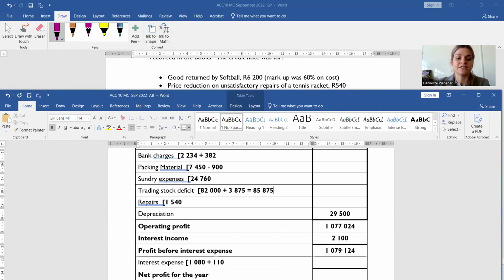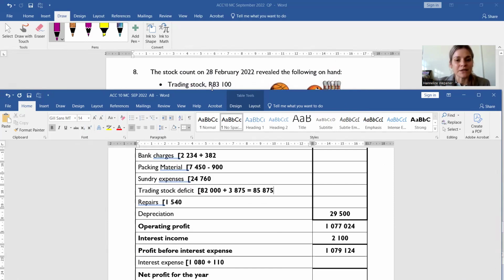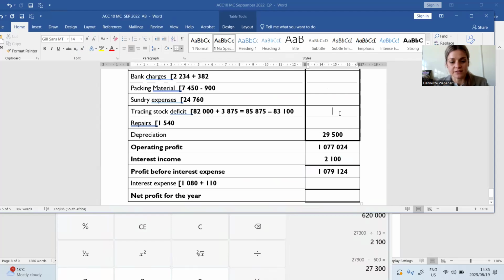So you have a trading stock deficit of 85,875 Rand. That's a lot. However, it's okay because we have now counted and we saw that we actually have 83,100 Rand in stock. So the trading stock deficit is only the difference between the stock deficit that I thought that I had minus the stock that I was able to account for during the physical stock count. So it's only the 2,775 Rand that I have as a trading stock deficit.